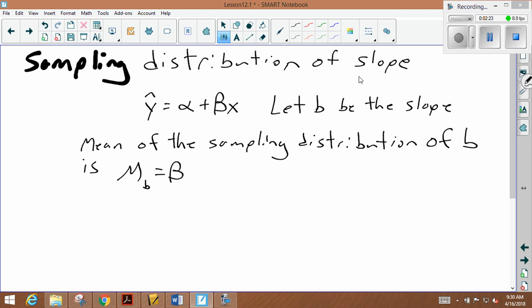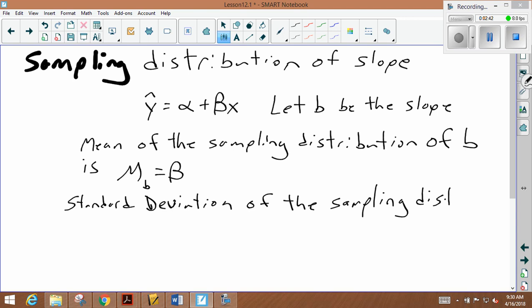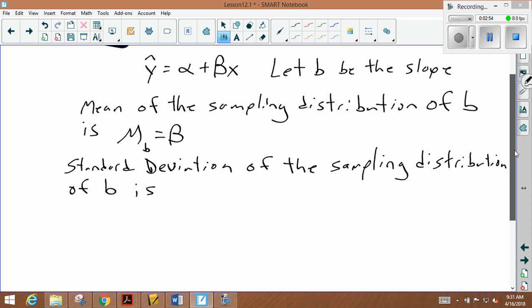And then our standard deviation of the sampling distribution of b is going to be sigma sub b equals sigma divided by sigma sub x times its derivative.